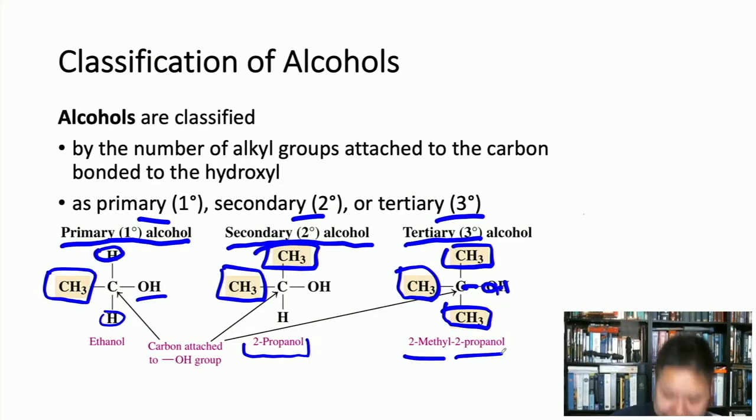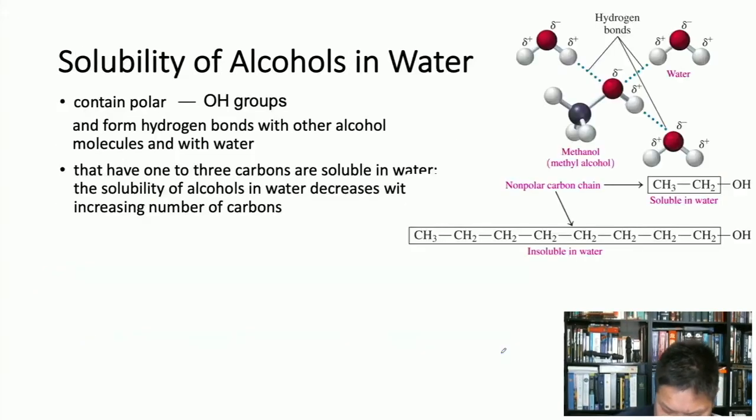In life, especially. So I think I talked about this a little while ago, where an OH group is partially polar, right? And so that makes it soluble in water.